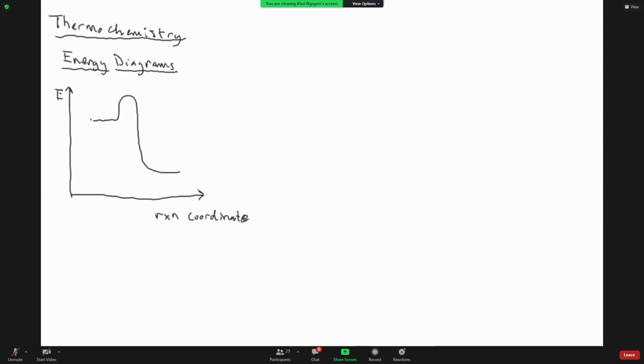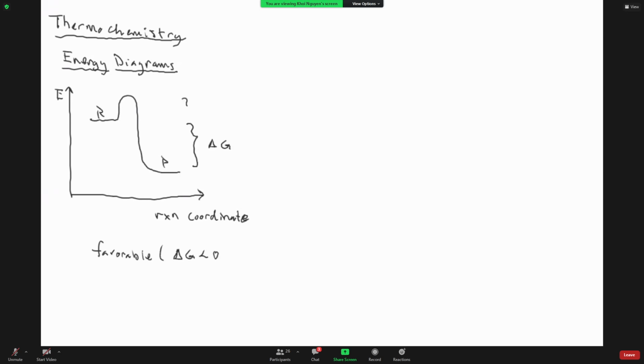This is a type of graph where your reactants start high and your products end up low, or stable. This is typically a favorable type of reaction. We call it spontaneous because the Gibbs free energy of the system is considered negative. From here to here, this is your Gibbs free energy, the difference between the products and reactants.